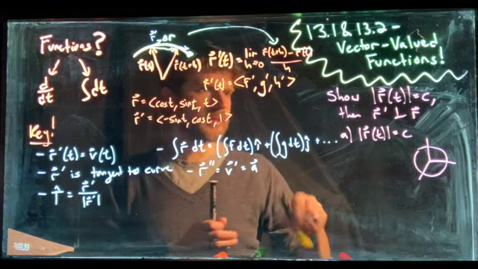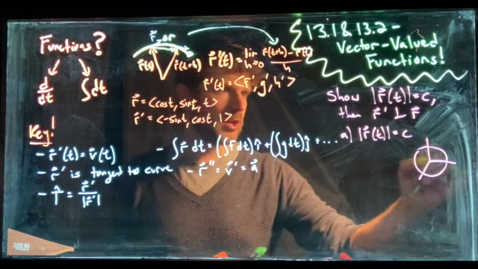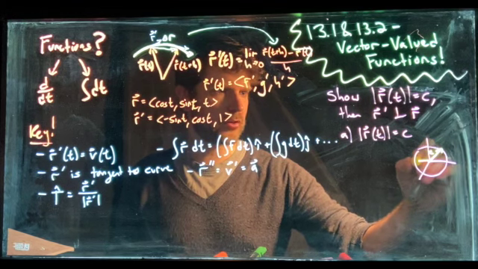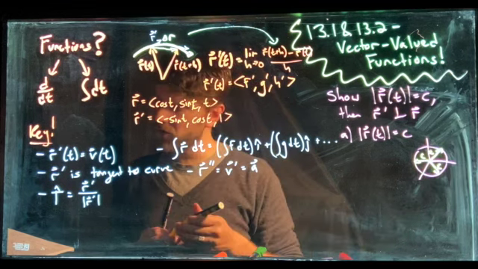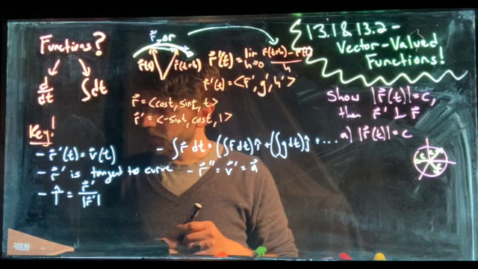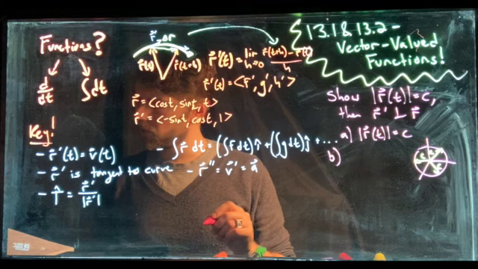What I mean by that is, think about what a sphere is. A sphere is a set of points equidistant from the origin. So that means that if your position vector always has a magnitude of c, you are constrained to live somewhere on this sphere. In order to actually prove this, we're going to do a little bit of a funny thing.